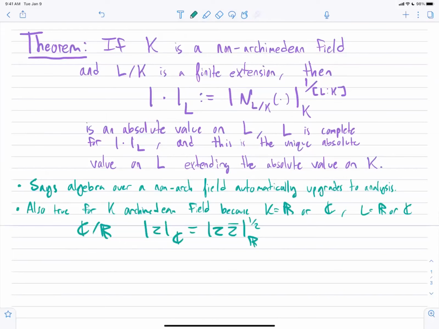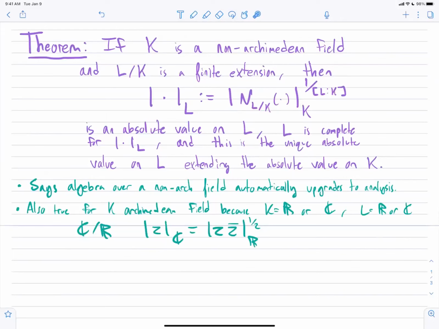So this is the standard absolute value on C. And actually, it's the same proof that uniqueness works over the non-Archimedean and Archimedean setting. So this is handled for free. And then when you prove that this actually defines an absolute value, you do a different proof for the non-Archimedean setting.